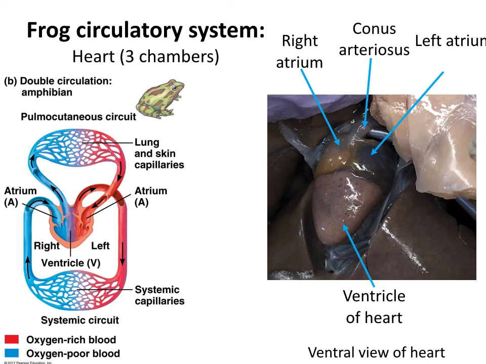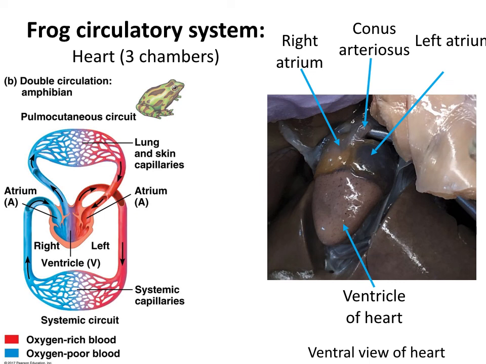So what that means is, instead of being completely deoxygenated or completely oxygenated, the blood in their ventricle is a mix. Okay? So the blood that goes to their pulmocutaneous circuit has more oxygen than it should, and the blood that goes to their systemic circuit has less oxygen than it should. Okay? Ideally, the blood that goes to your lungs is going to have almost no oxygen at all.